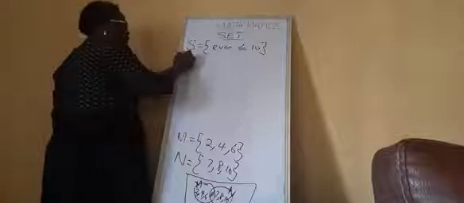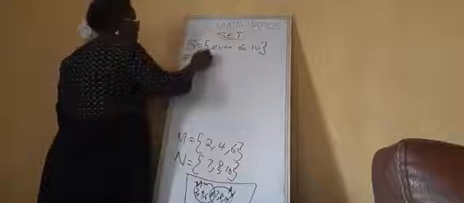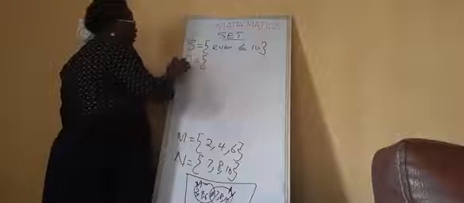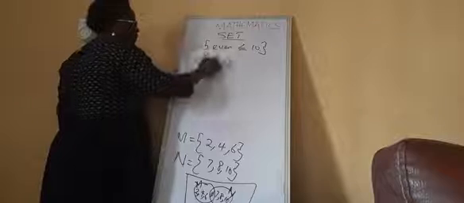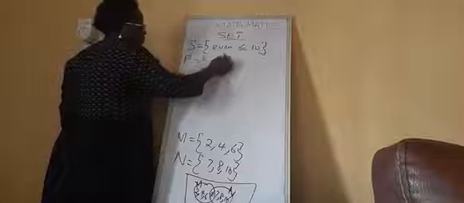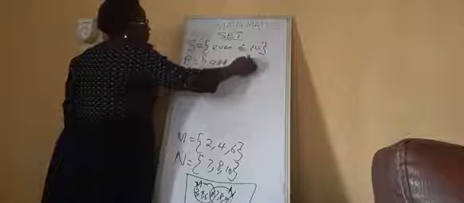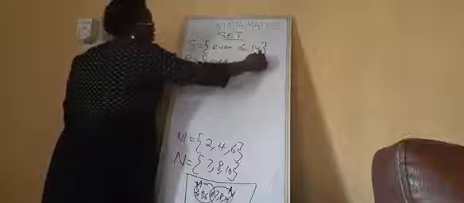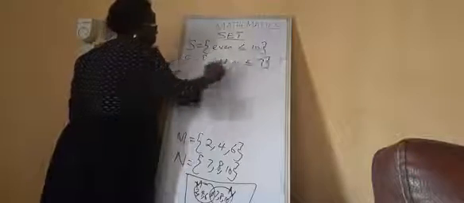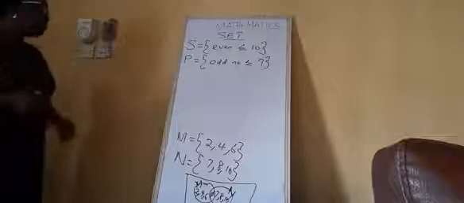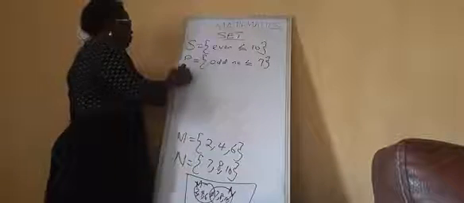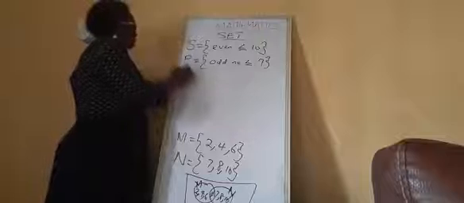Let's make use of P. The elements in set P are odd numbers less than or equal to 7. We want to find the relationship between S and P. Let's find the relationship between them.